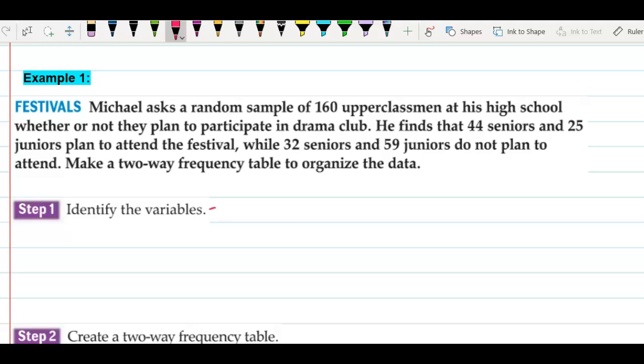This is equivalent to characteristics. How are we distinguishing these people differently from each other? How are we collecting the data? One way we are doing that is based on their participation.